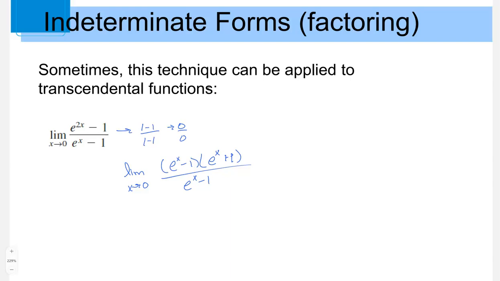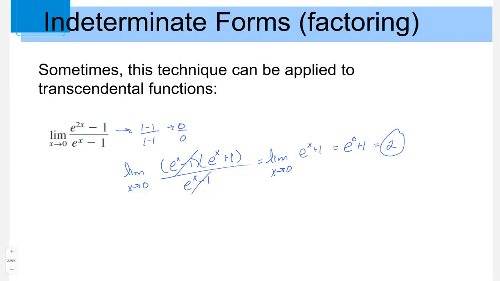Remember when we multiply and we have the same base, we would add the exponents together, so you can see how multiplying this would give me that. So it's really a difference of squares. And then we can reevaluate that limit, even though it had transcendental functions in it. We're going to get 2.